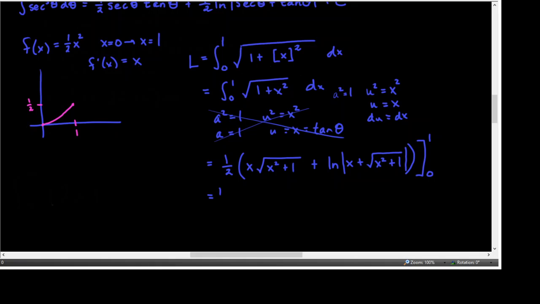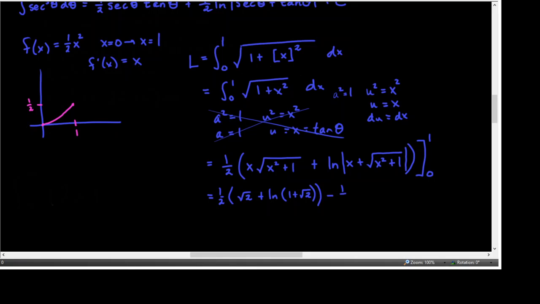So we'll substitute in for x, first with 1, so this will be 1 times the square root of 2, plus the ln of 1 plus the square root of 2. And I know that square root of 2 and 1 are both positive, so their sum must be positive, and I don't really need the absolute value anymore.